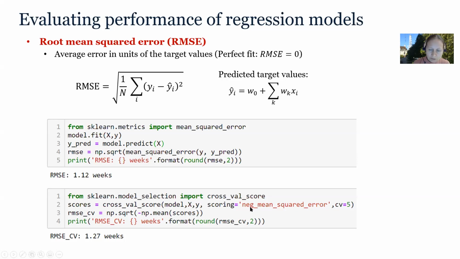Because this mean squared error is negative, we need to put a minus in front of it after we calculate the average, because of course it returns one score per each fold, and we have 5 folds, so we need to average. Then we take the minus to make it positive, and then we take the square root, and this way we get cross-validated root mean square error.